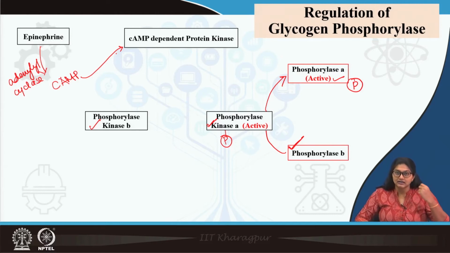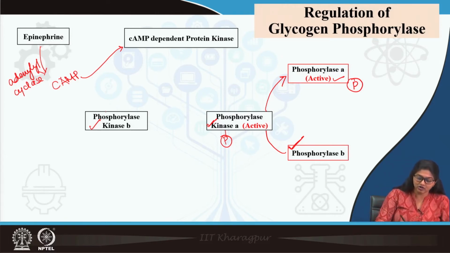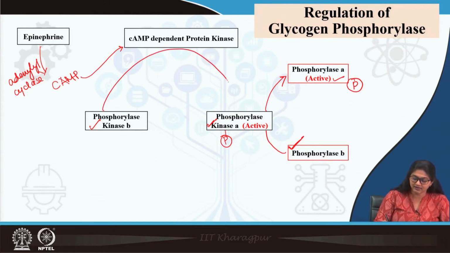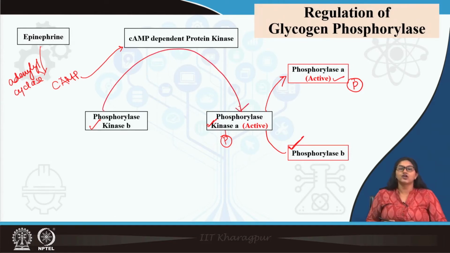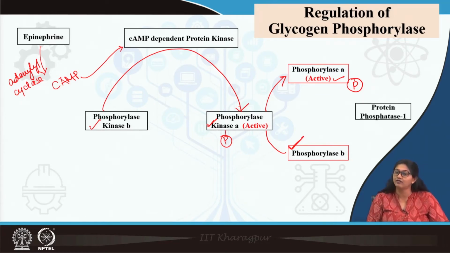So, this cyclic AMP dependent protein kinase phosphorylates phosphorylase kinase. So, there is activation of phosphorylase kinase by cyclic AMP dependent protein kinase. If there is a kinase, there is a phosphatase as well, which deactivates this enzyme by dephosphorylation. Dephosphorylation occurs by protein phosphatase 1.